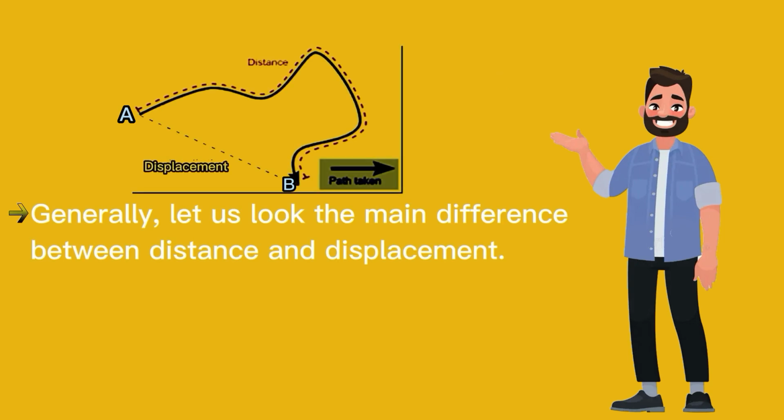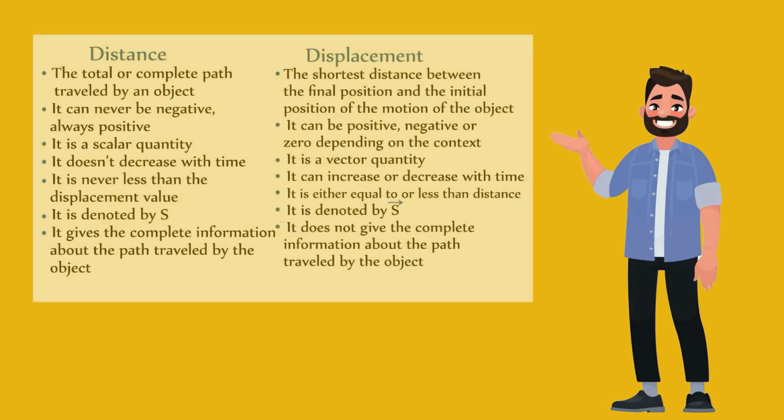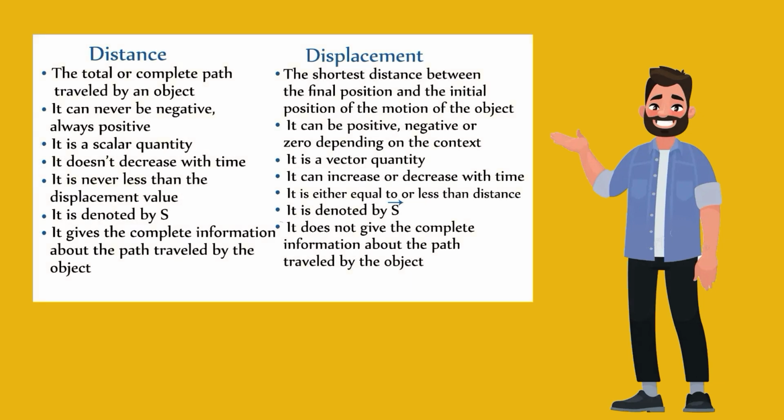Generally, let us look at the main differences between distance and displacement. The first difference is that distance is the total or complete path traveled by an object, while displacement is the shortest distance between the final position and the initial position of the motion of the object.